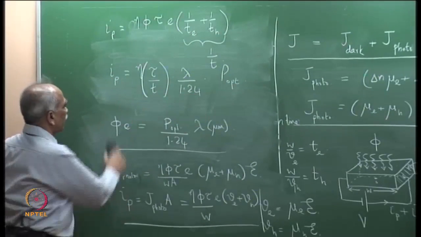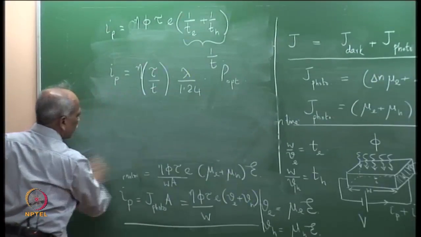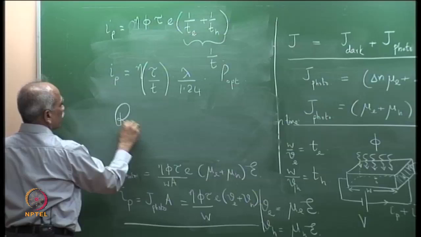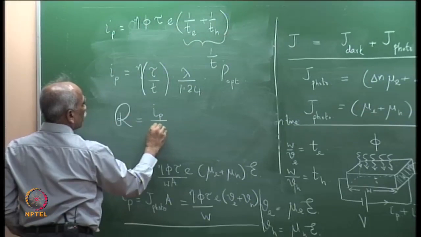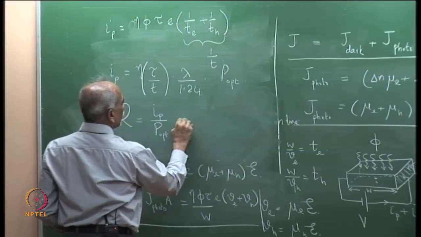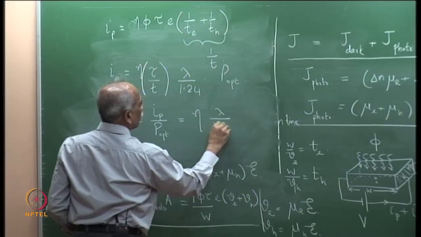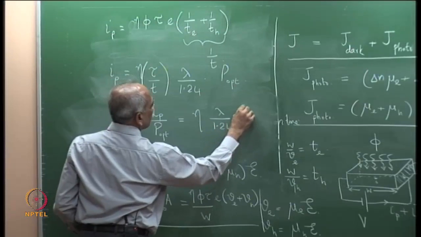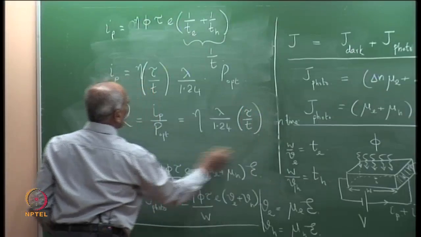You know why I have written it like this: my final interest, my expression for responsivity, is equal to I_P divided by the incident optical power P, which is equal to eta into lambda divided by 1.24 into tau divided by T.